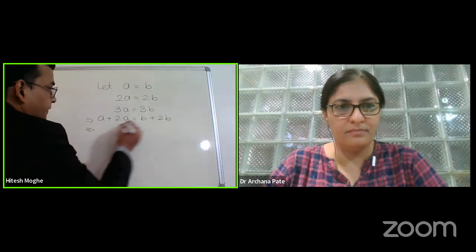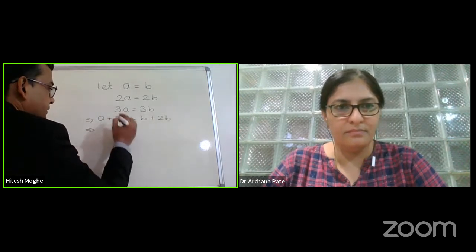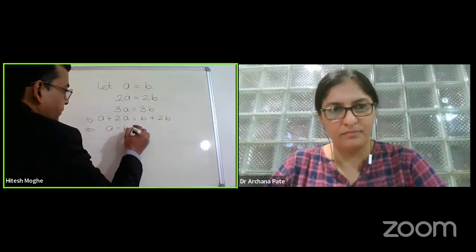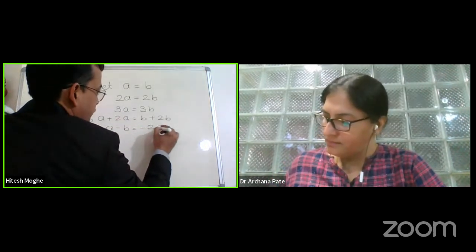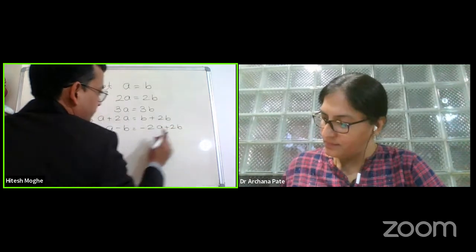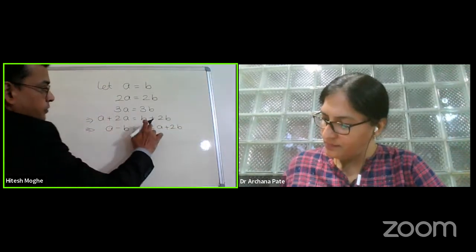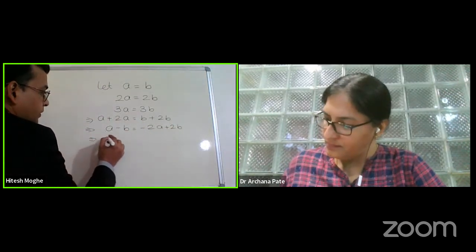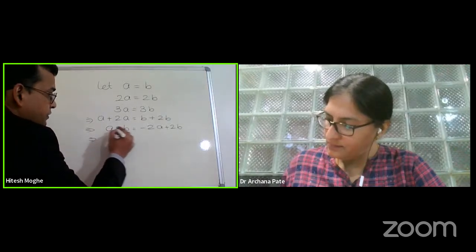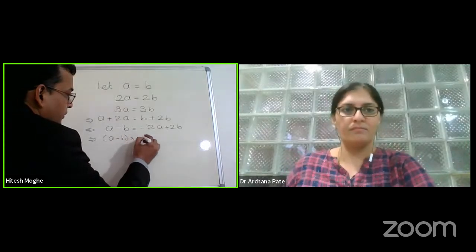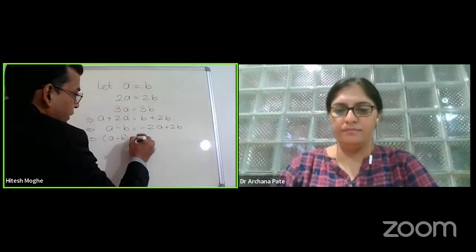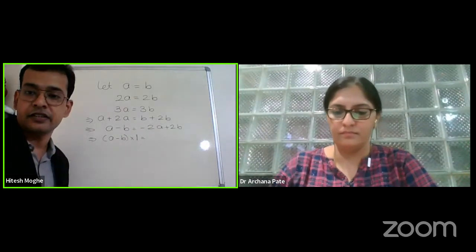Then B को इस साइड ले लेते हैं, yes, इस साइड पे, तो ये हो जाएगा minus B. And I'll take 2A on the other side, it becomes minus 2A. Clear? B becomes minus B, 2A becomes minus 2A. Then A minus B can also be written as A minus B into 1. We can always multiply 1 in any quantity. We can say 7 is 7 into 1.